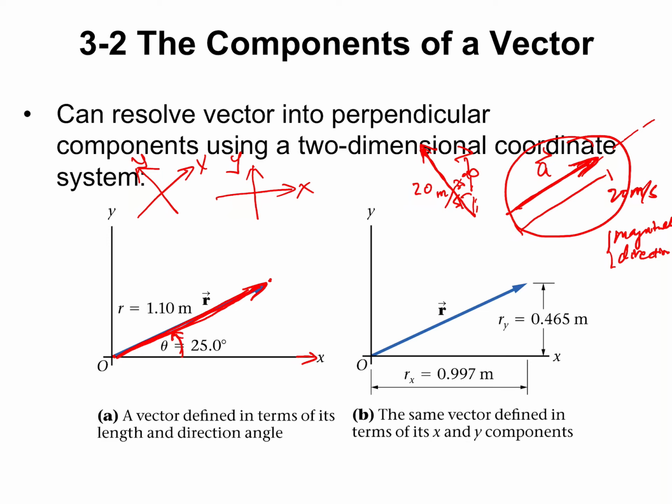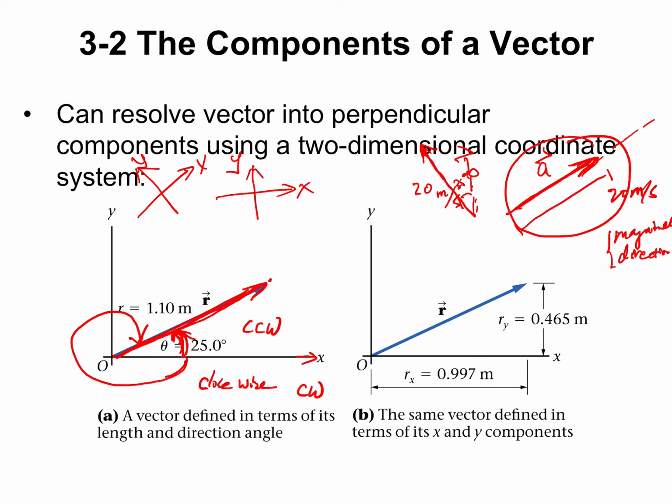Well, you have two ways to sweep from the x-axis to the vector. You can go this way, this angle, or you go this way. This way is called counterclockwise, CCW.